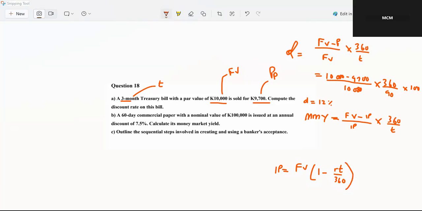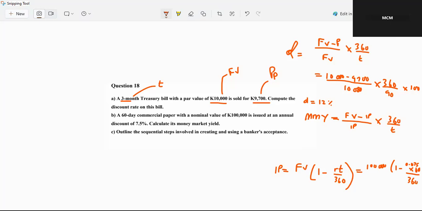So what is our face value? 100,000, times 1 minus 7.5%, that is 0.075, times time, which is 60 days, over 360.